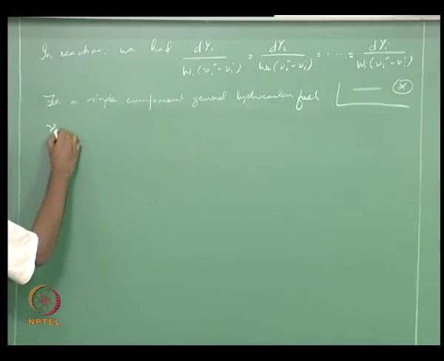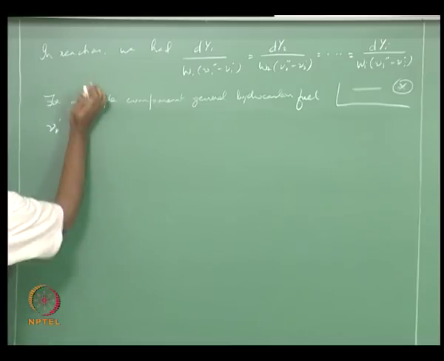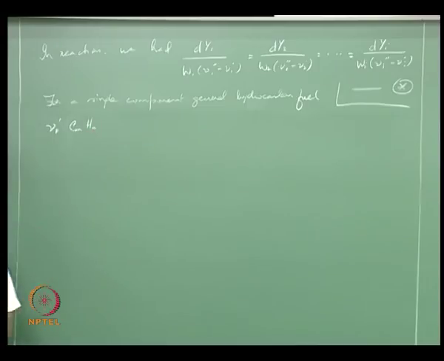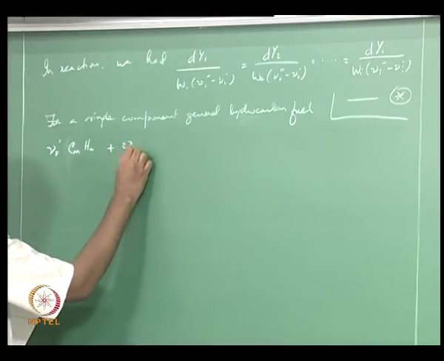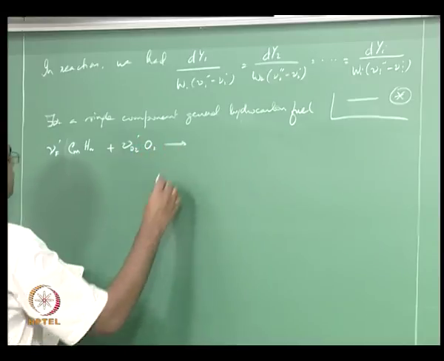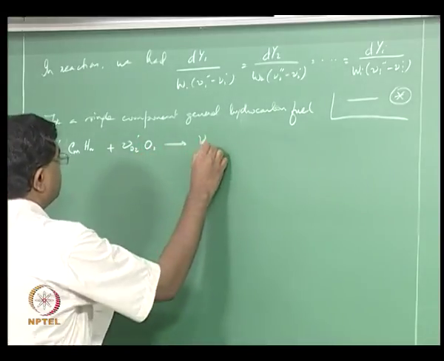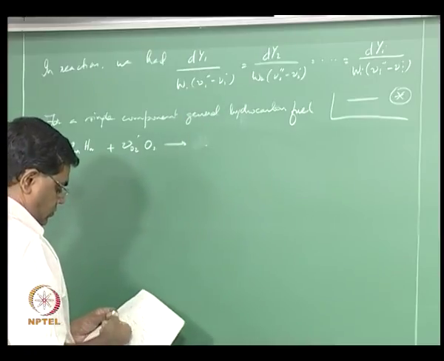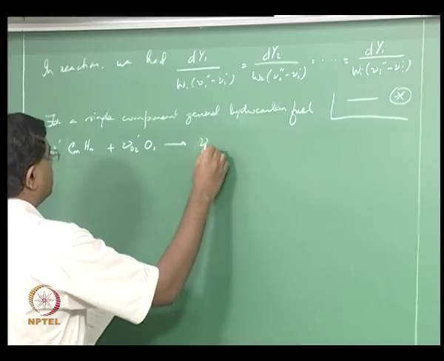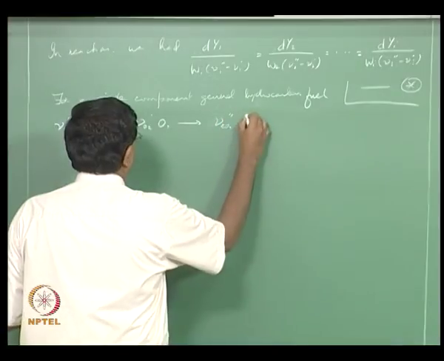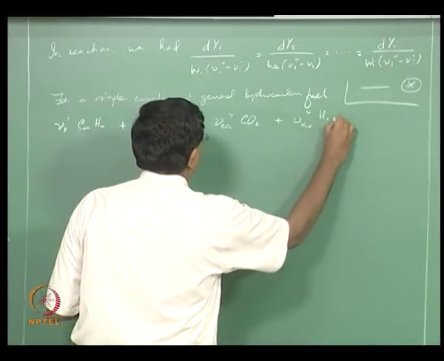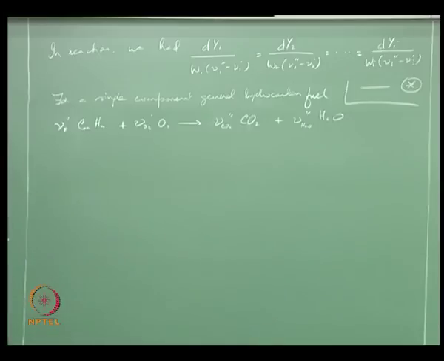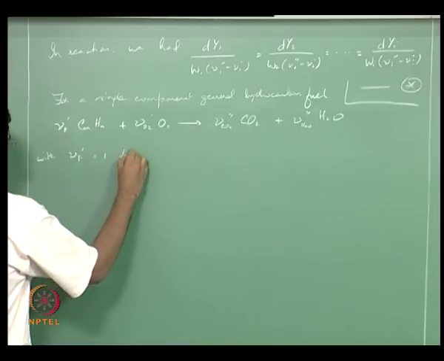Let's suppose that we write this equation as nu F single prime CmHn for the generalized hydrocarbon that we considered, plus nu O2 single prime O2 gives nu CO2 double prime CO2 plus nu H2O double prime H2O, with nu F single prime equal to 1 fixed arbitrarily.